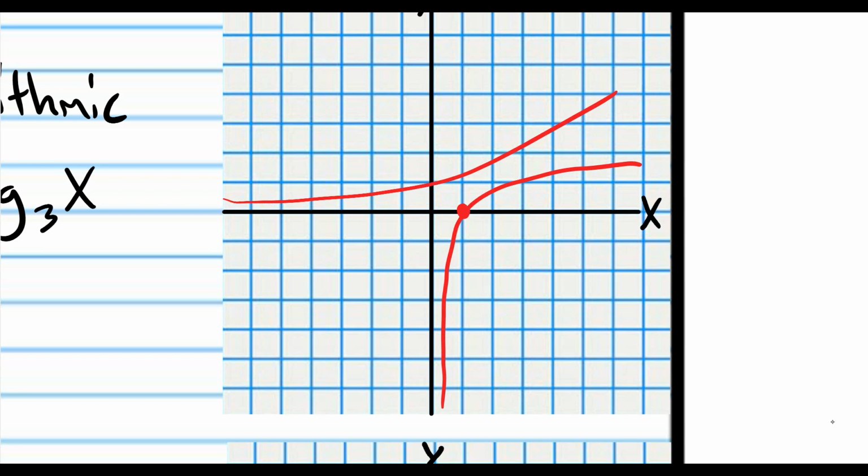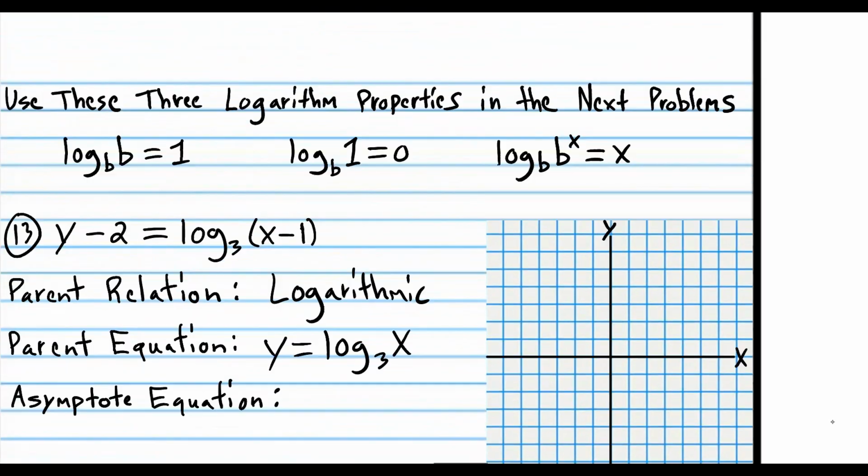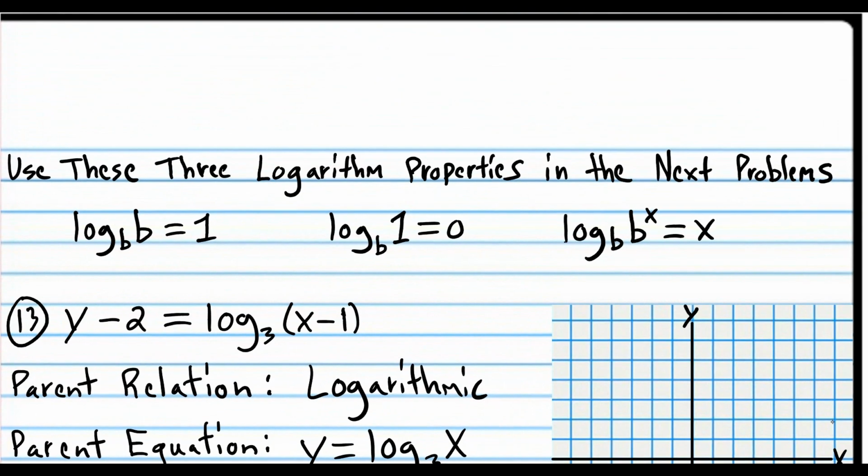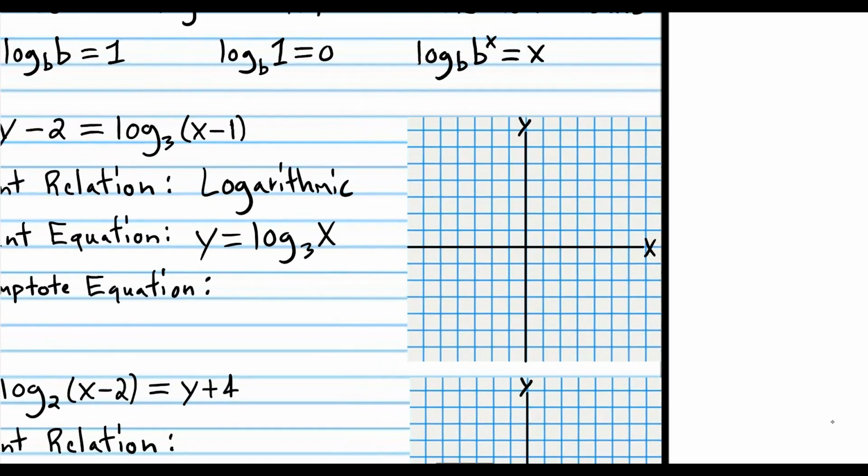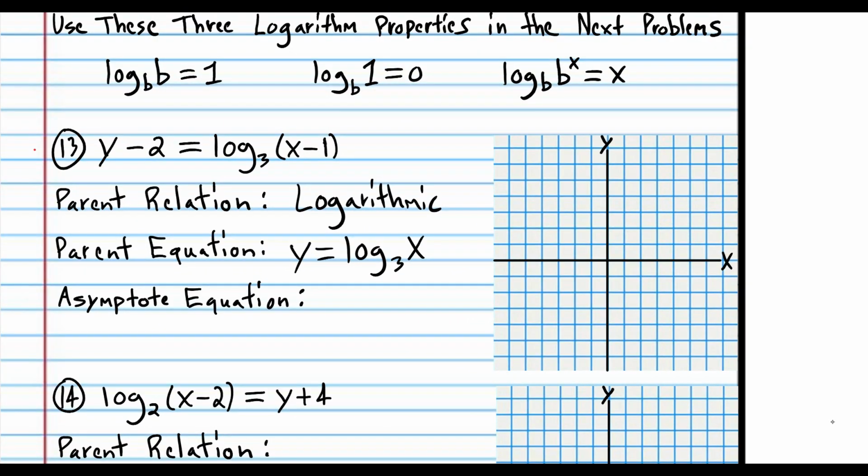Now we have a point that's always 1, 0. So that's not going to change. That's a good feature, and that has to do with this property here. You plug in 1, you always get 0. So we're going to use that information, but first we have to translate our graph.